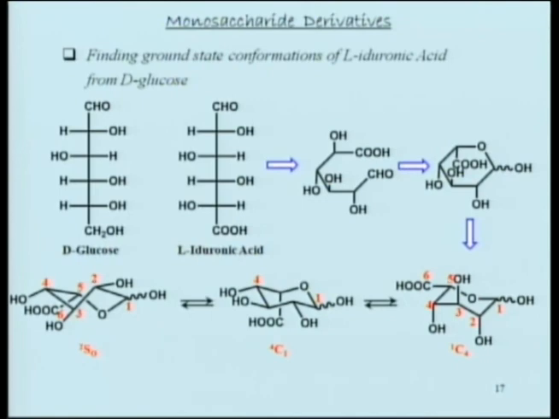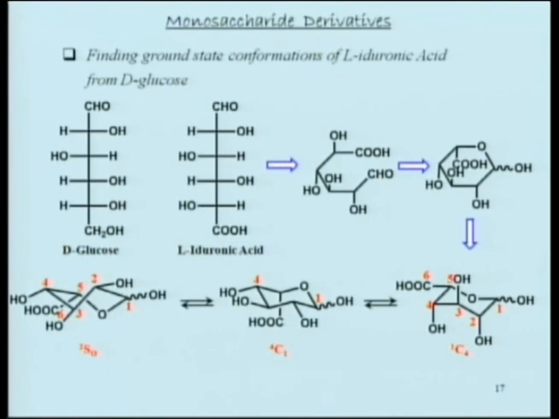So once we convert that, we get 1C. What happens in real life is that you actually get the 1C4 form. In the 1C4 form, only one carboxylic acid group is equatorial, and the position 3 OH, position 4 OH, and position 2 OH are axial. You do have 1,3-diaxial interactions here, actually several.